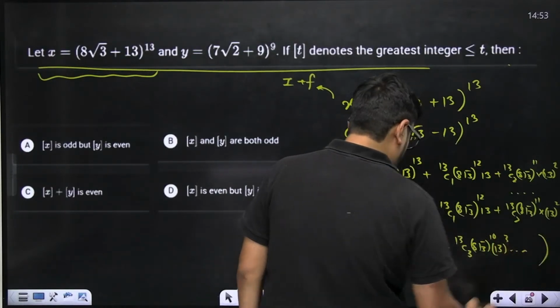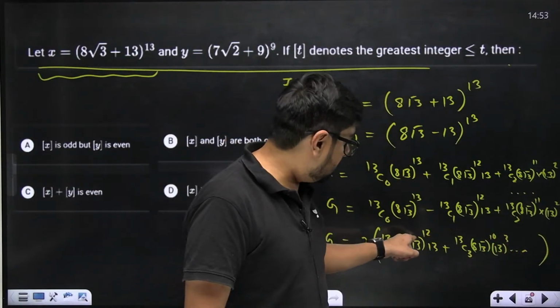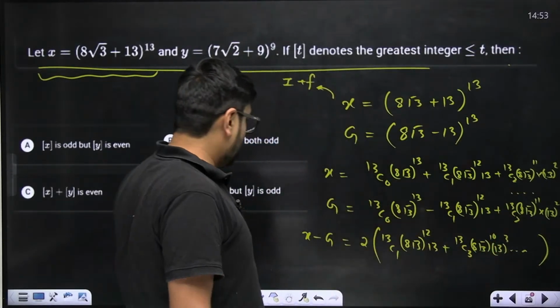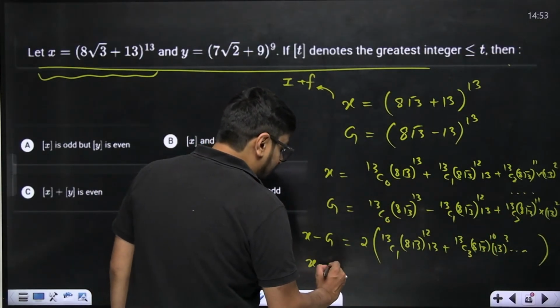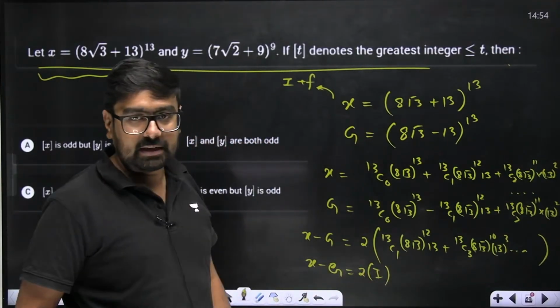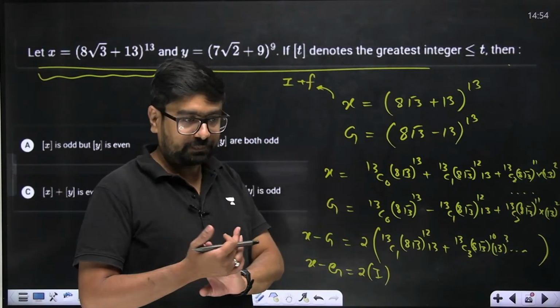All these terms are going to be integer terms because the irrational number has even power. So my x minus g is 2 times some integer. That means x minus g is an integer.